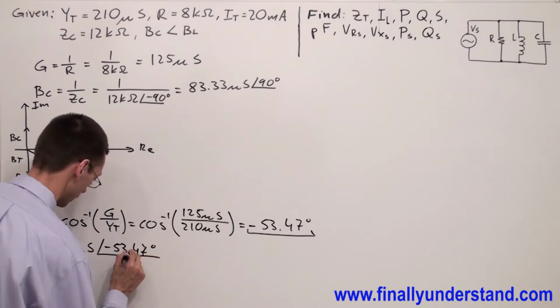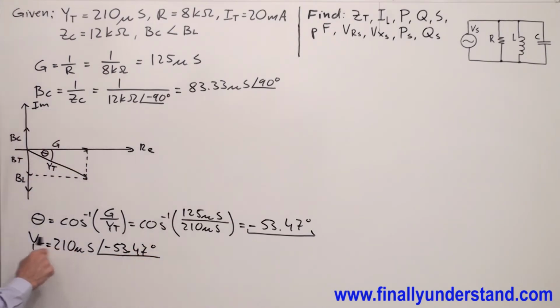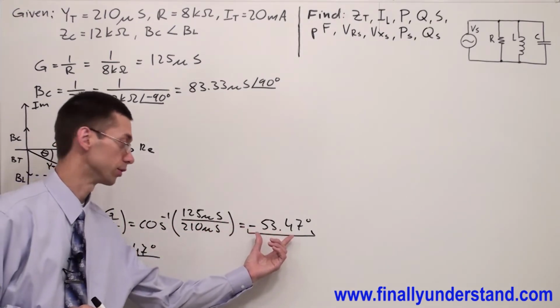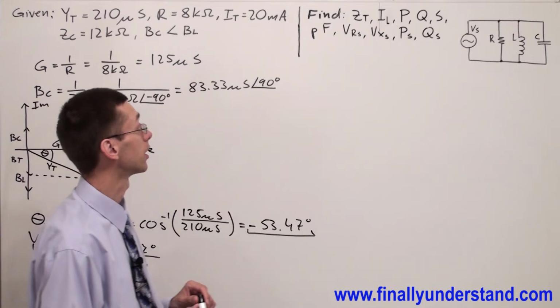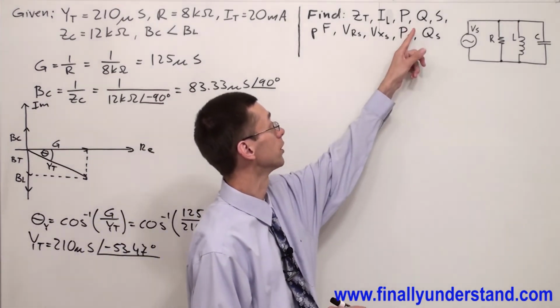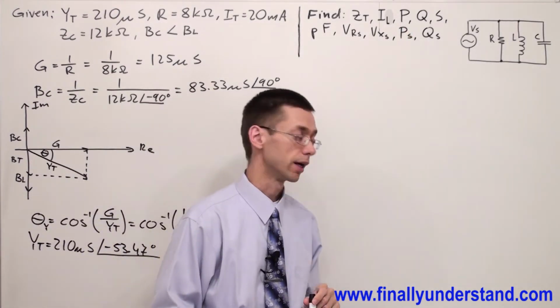Okay, so this is my Y total. And this angle, I used to mark theta Y. It means that this angle, in this case negative 53.47, is going to appear next to the value of Y total. Because later on, I'm going to look for the total reactive power.